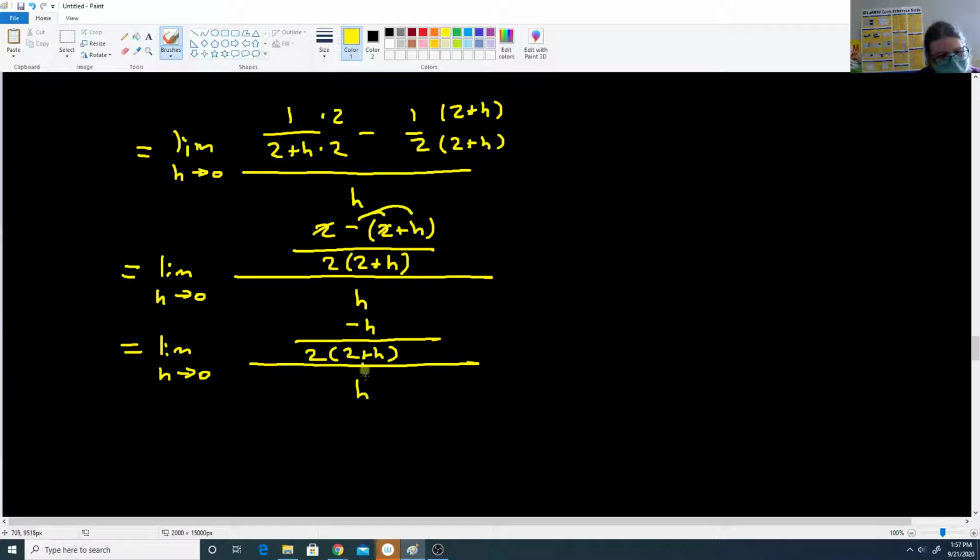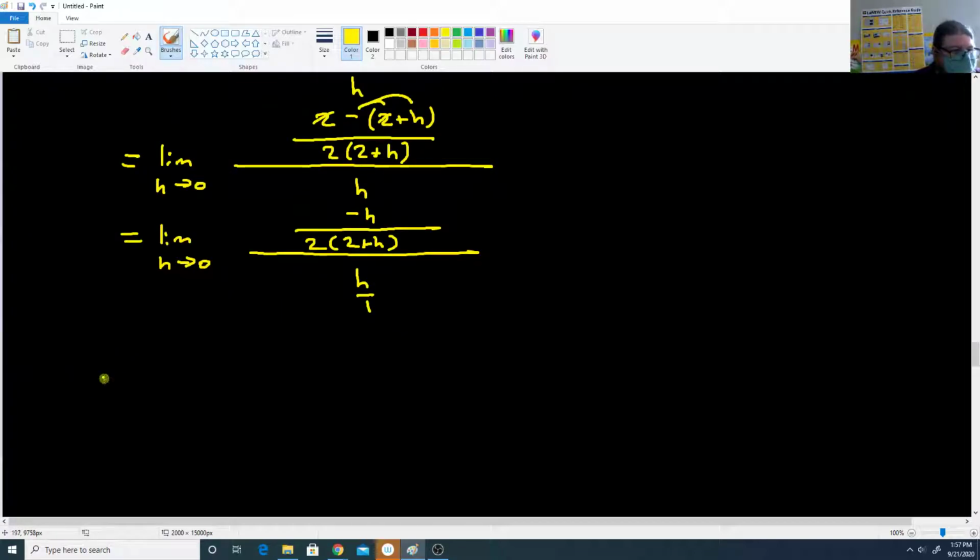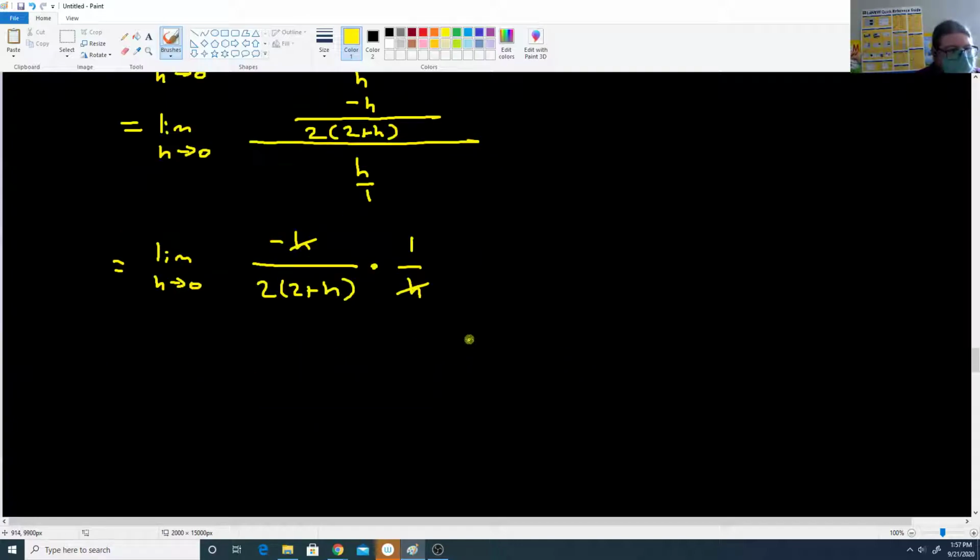I'm going to view the bottom h as h over 1, so we can do keep, change, flip. We get the limit as h approaches 0 of negative h over 2 times 2 plus h, change the big division to a multiply, and flip h over 1 to 1 over h. This h and that h cancel, and we get the limit as h approaches 0 of negative 1 over 2 times 2 plus h.